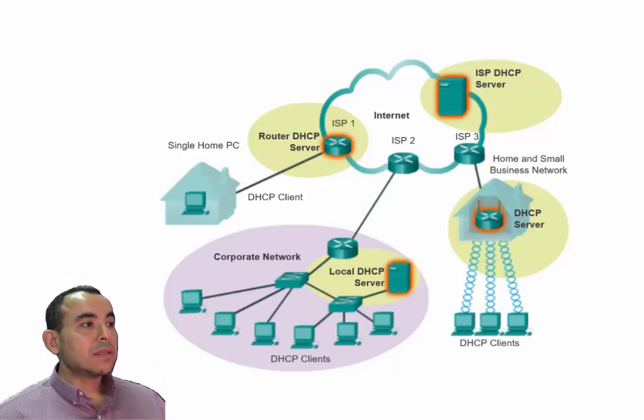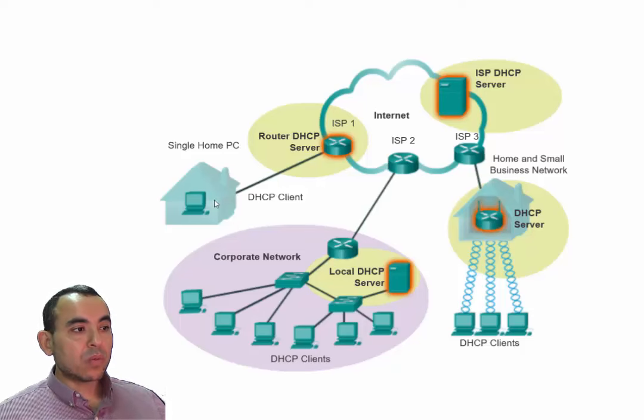DHCP, well, Dynamic Host Configuration Protocol service is used to enable the dynamic assignment of IP addresses. And when we start our machines, we activate the DHCP client, which tries to fetch an IP address from the DHCP server, which exists on the network, or it exists anywhere, whether inside or outside the network.